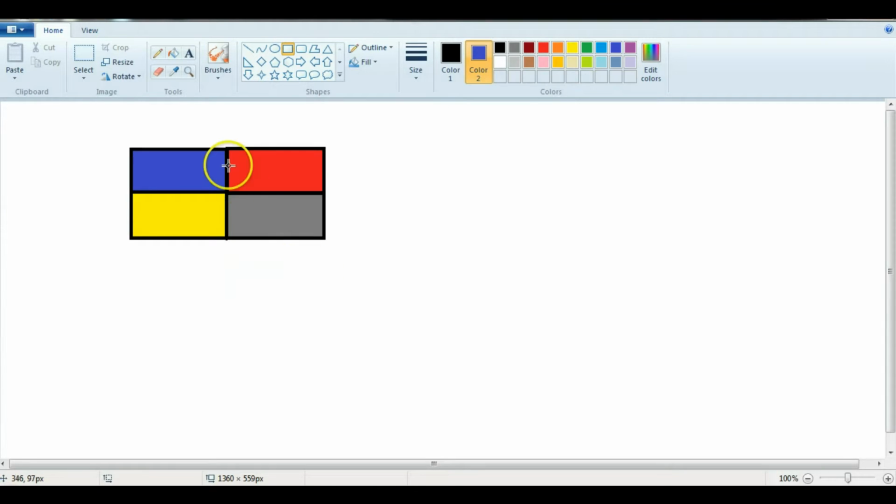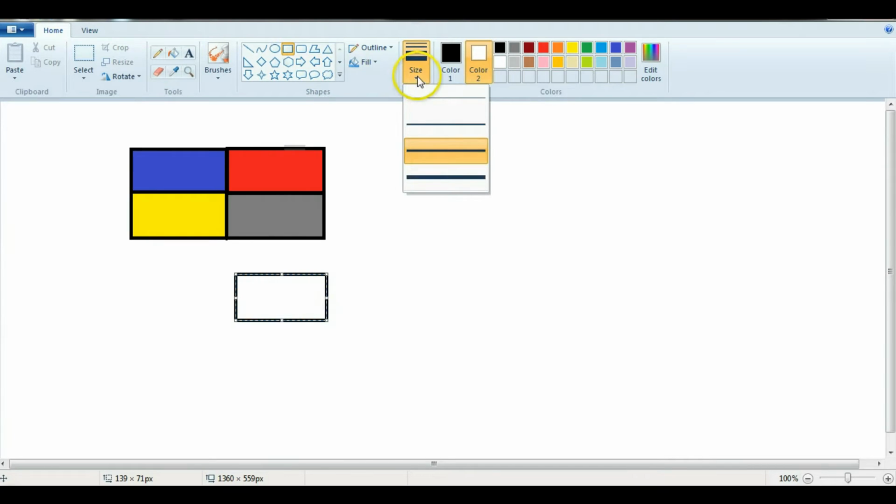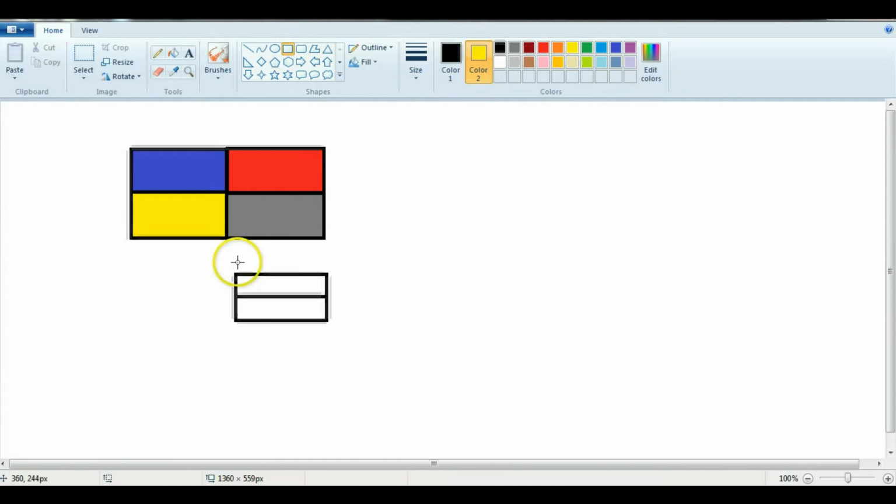Okay. So let's say that we then made a little line here, and we did that, and then we said, okay, we're going to do yellow, and then we're going to get gray.